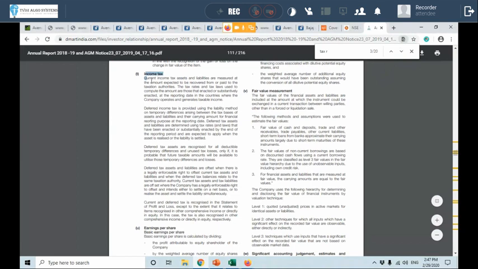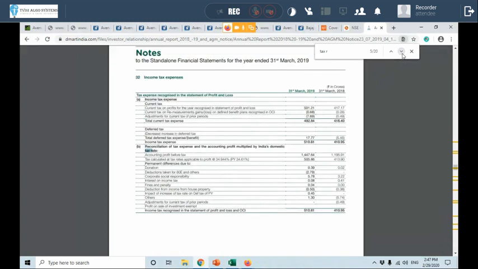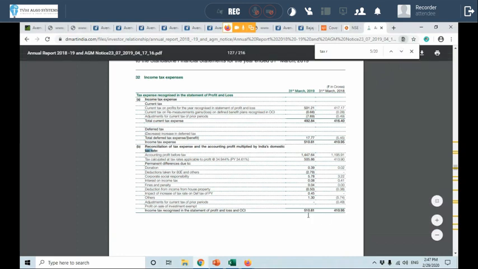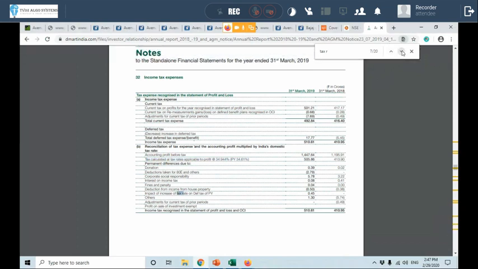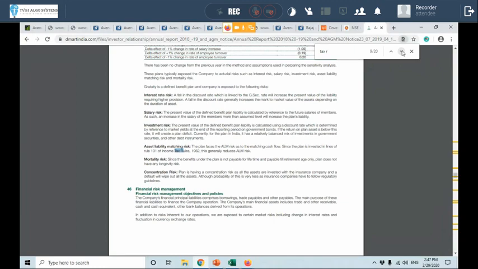They have not given it anywhere. See, these are all the breakup of your tax. It is 35%. See, this is what our calculation is. This is their 30. Yeah, this is the rate, but what is the normal tax rate?